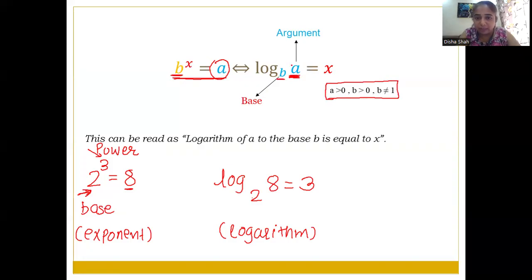This is called the argument. a is called the argument, b is called the base. So argument and base both should be greater than 0 and the base can't be equal to 1. Why is it so? That we will see later on. We will see ahead why the value should be greater than 0 and why b can't be equal to 1.